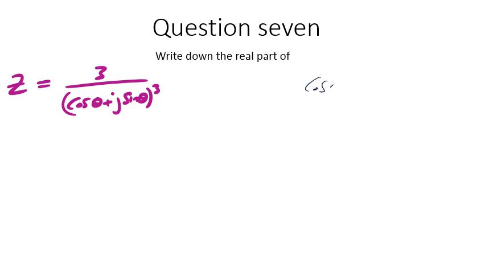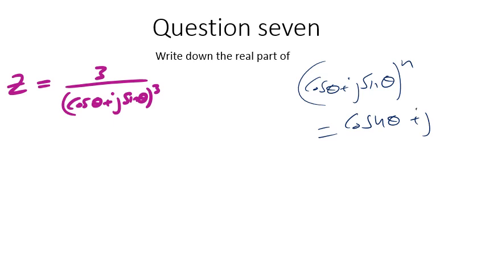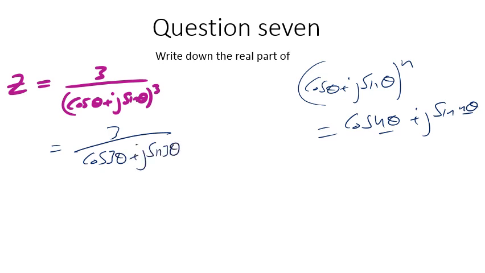The theorem says that cos theta plus j sine theta raised to the power n is cos n theta plus j sine n theta. So this can be written straight away as cos 3 theta plus j sine 3 theta.